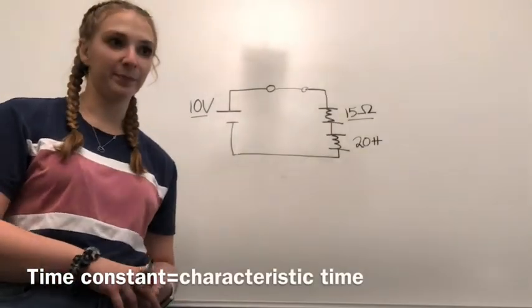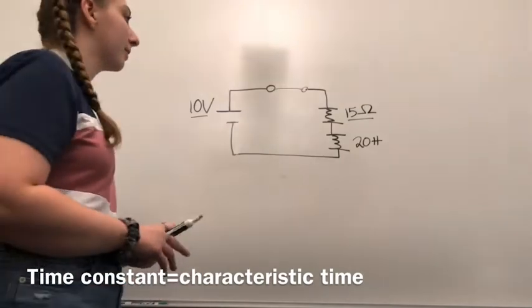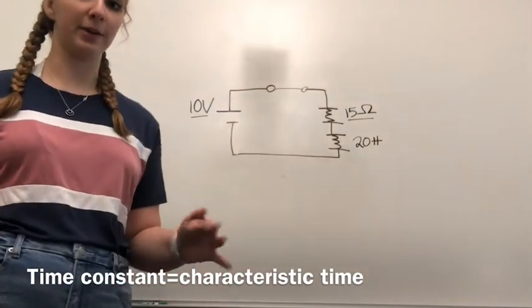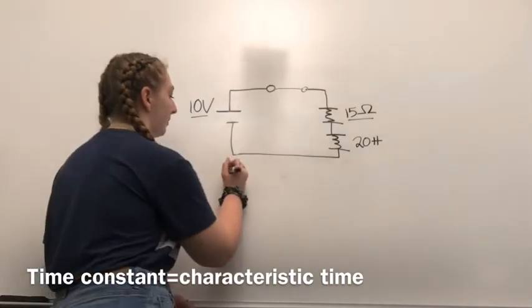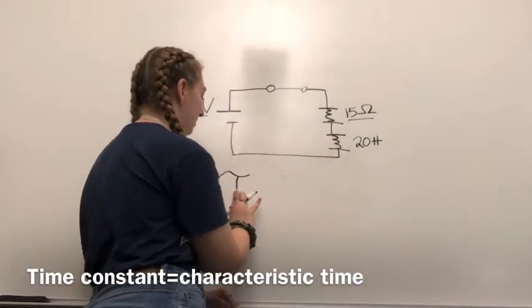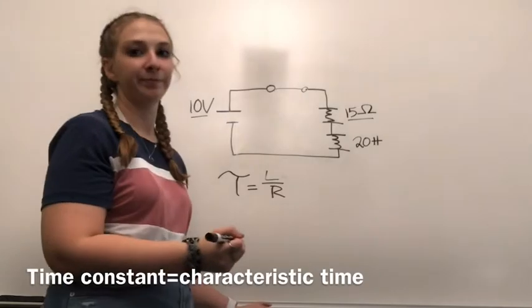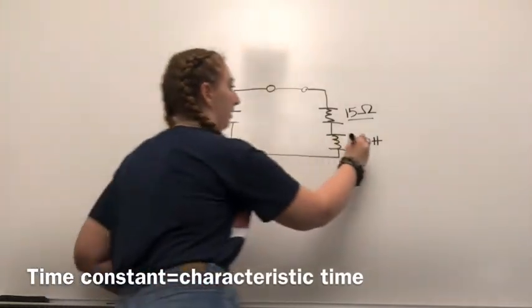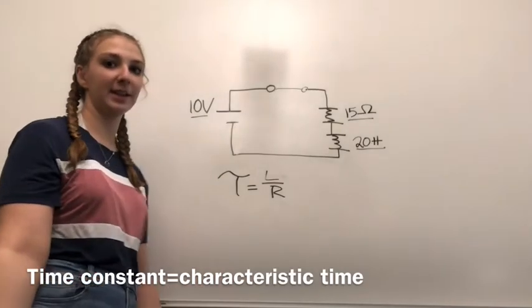Now our next question is going to be, what is our time constant? Remember, that's also synonymous with characteristic time, either one. Either way, we're talking about tau. Now, tau, if you remember, is equal to L over R. Again, we have our L and we have R. So once again, it's pretty simple.